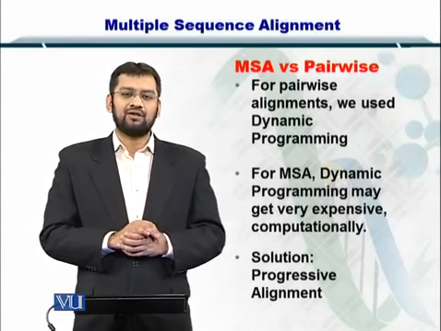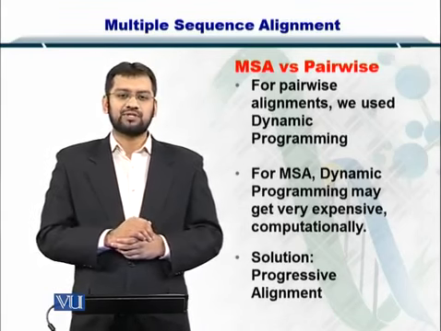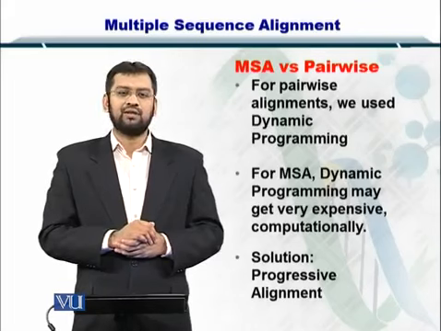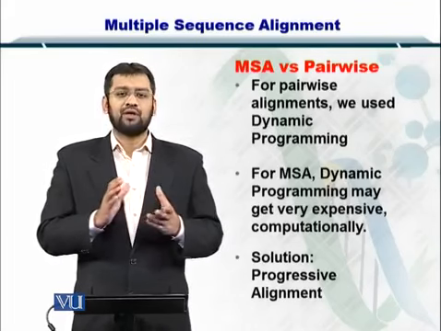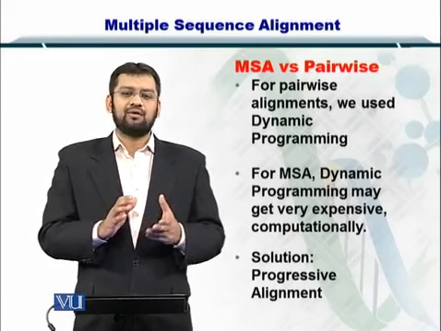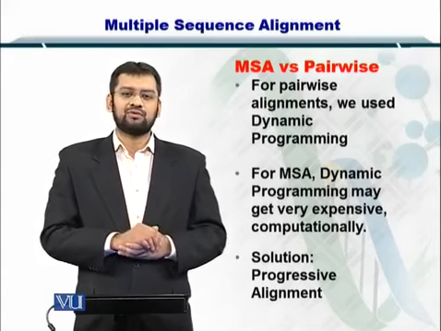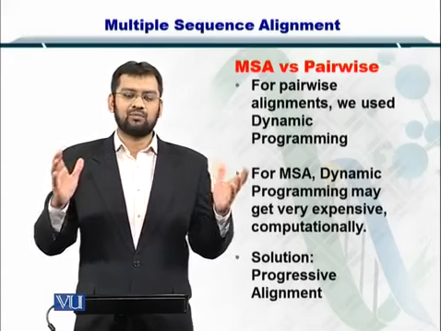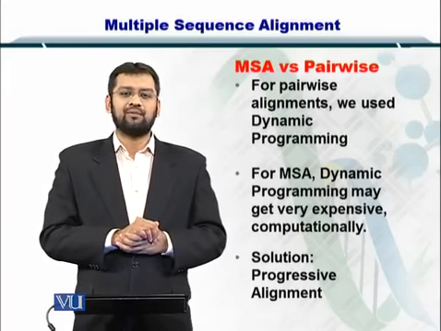So that will increase the computational cost of the dynamic programming to such a proportion that we will not be able to run the program. In case of MSA, typically we do dynamic programming for no more than 9 or 10 sequences. If you have a lot more sequences, then we move to progressive alignment strategies.